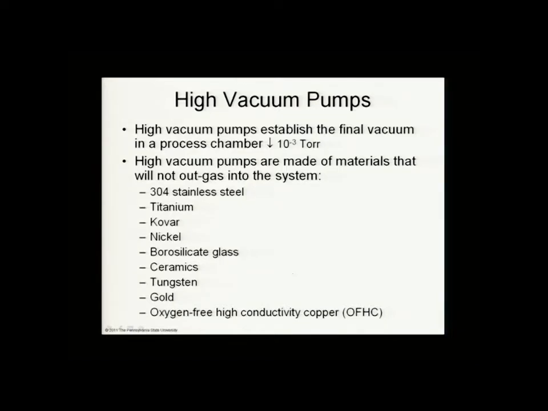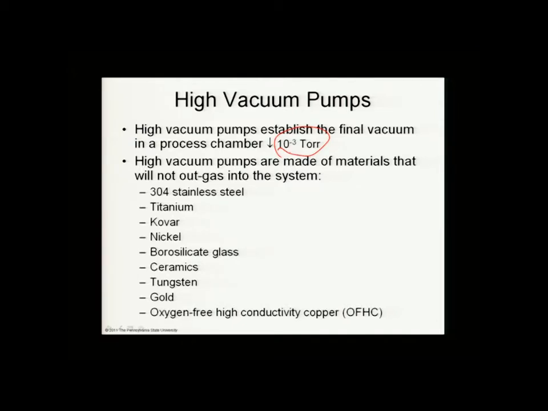High vacuum pumps: now we're moving into the regime below 10 to the minus 3 torr. And often these are used along with the mechanical pump. You rely on the mechanical pump to bring the pressure down from atmospheric pressure or near atmospheric pressure, because remember, mechanical pumps are very good at atmospheric and near atmospheric pressure.